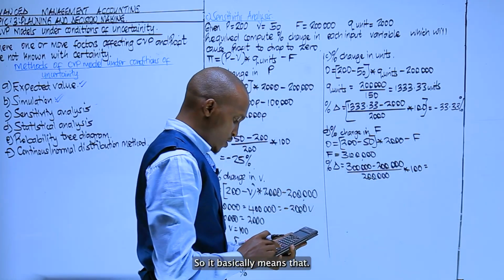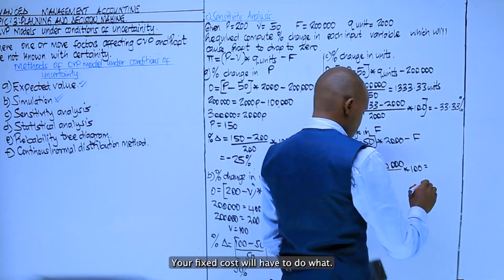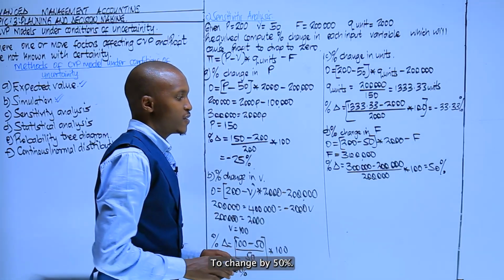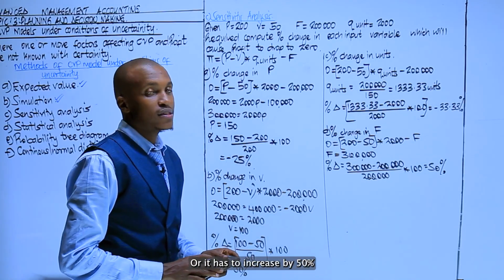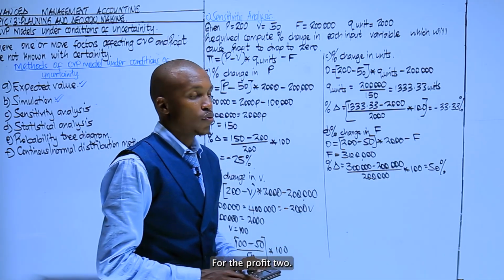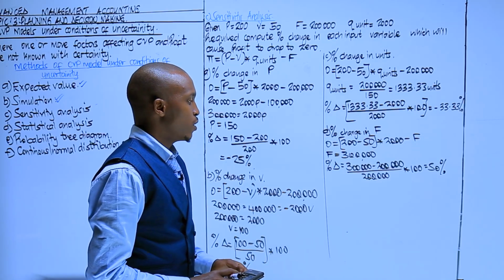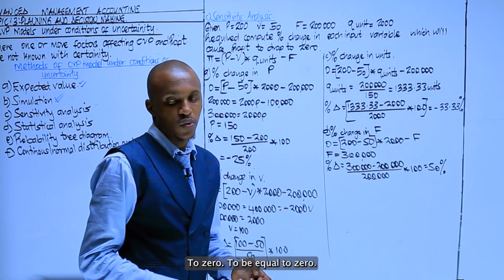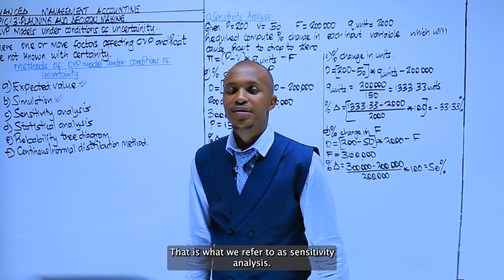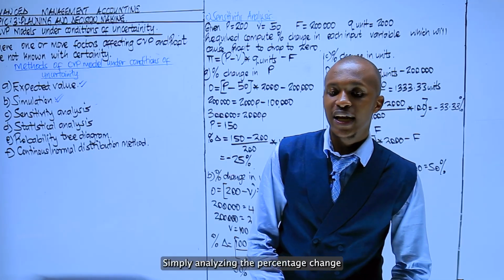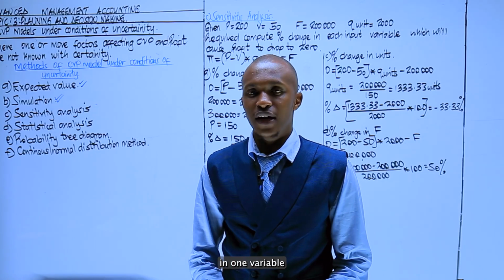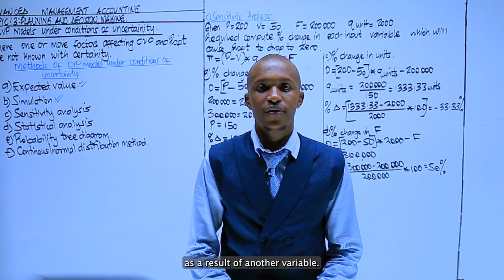So it basically means that your fixed cost will have to increase by 50% for the profit to be equal to 0. That is what we refer to as sensitivity analysis: simply analyzing the percentage change in one variable as a result of another variable.